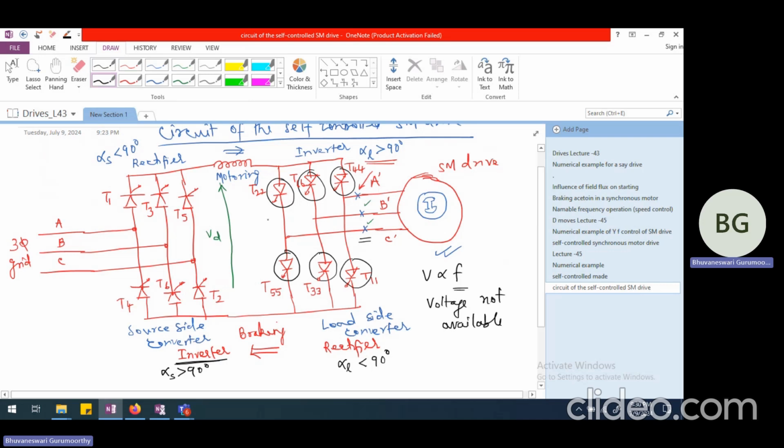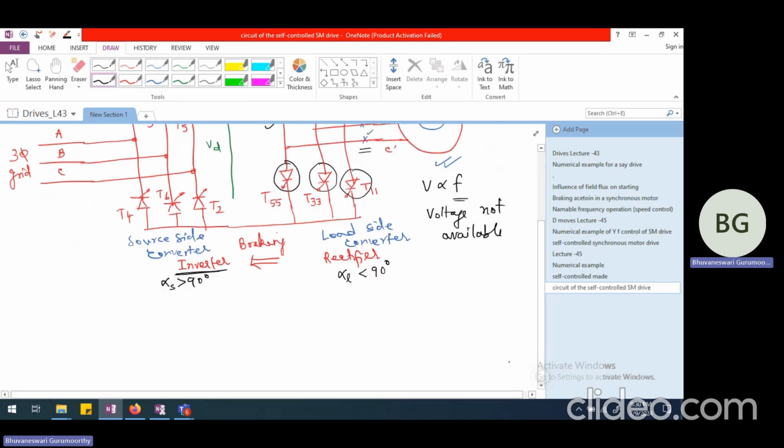So the commutation of these thyristors will not take place successfully whenever we are actually starting the self-controlled synchronous motor drive initially. So we need to find an alternative approach somehow to commutate the thyristor in the load side converter.